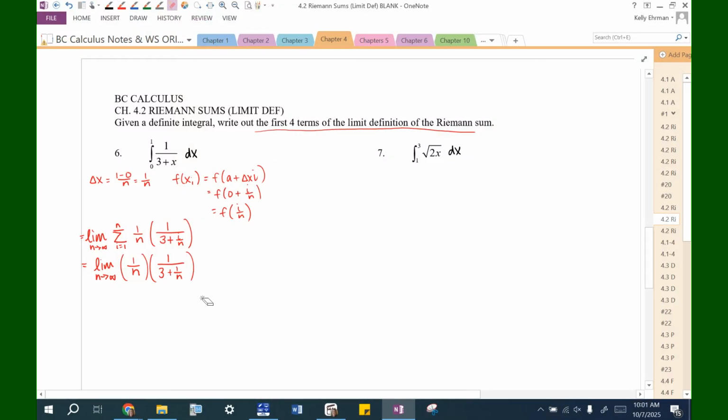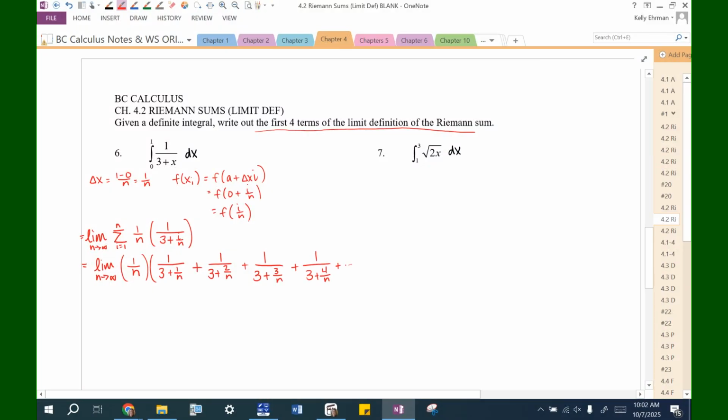Plus, because summation, what's the next term? Now plug in 2. Still 1 over n, so I've got that factored out here. 1 over 3 plus i changes to 2, 2 over n. Plus, we need to get 4 terms here, so I'm taking this out to i equals 4.